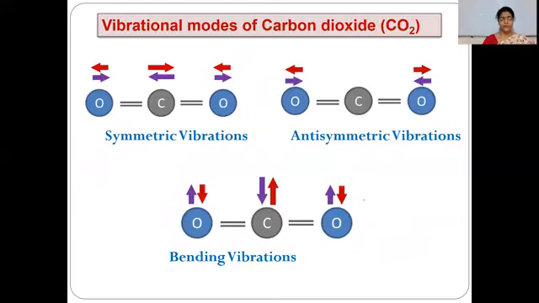To explain these vibrations, first we are taking the example of carbon dioxide molecule. Carbon dioxide is a linear molecule in which carbon is the central atom. Two oxygens are attached with the central atom carbon. Three types of vibrations are possible in carbon dioxide molecule.